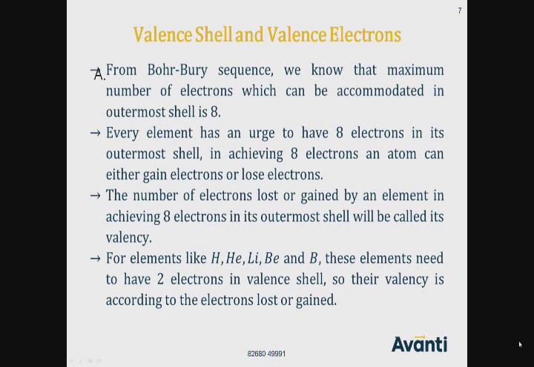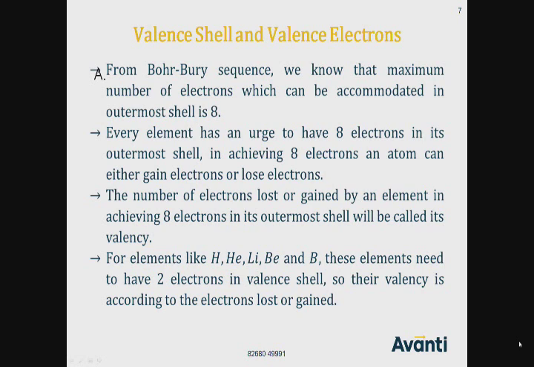The number of electrons lost or gained by an element achieving the 8 electrons in its outermost shell will be called its valency. Okay. Like for hydrogen, helium, lithium, beryllium, and boron, these elements need to have the 2 electrons in the valence shell. Therefore, their valency is according to the electrons lost or gained.